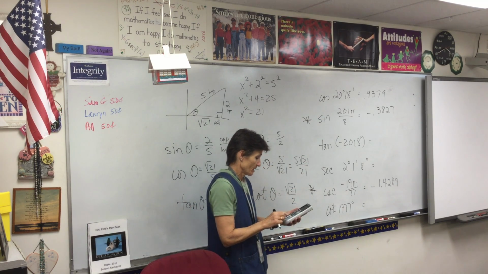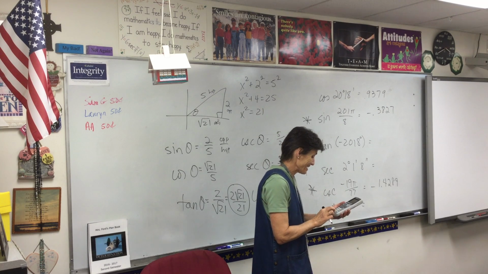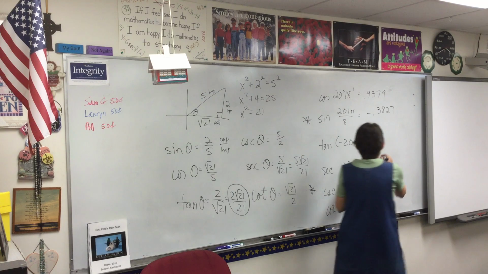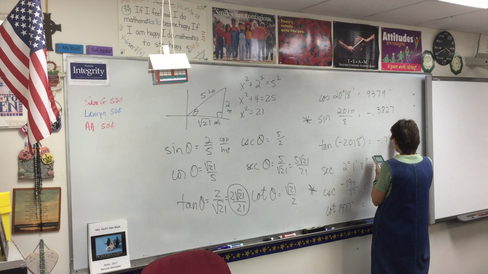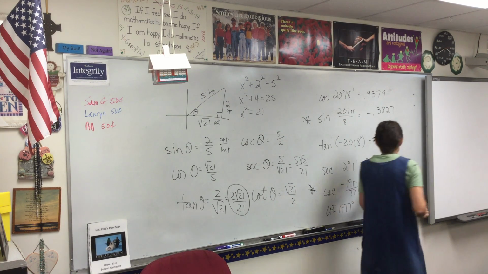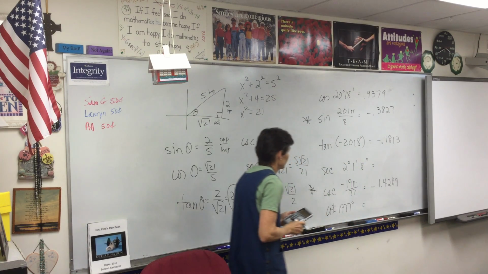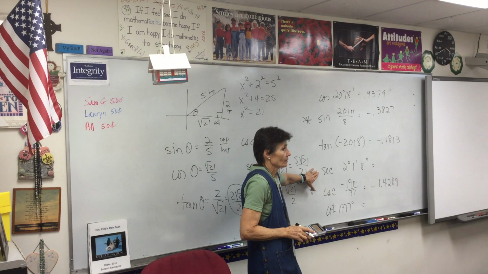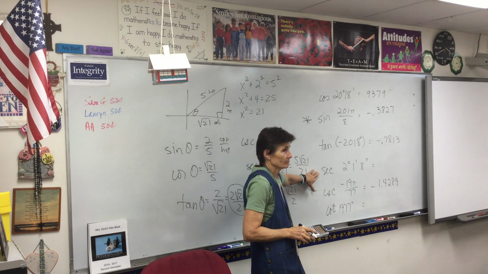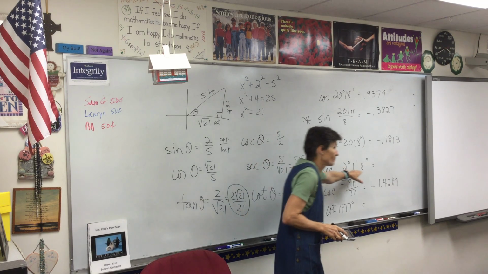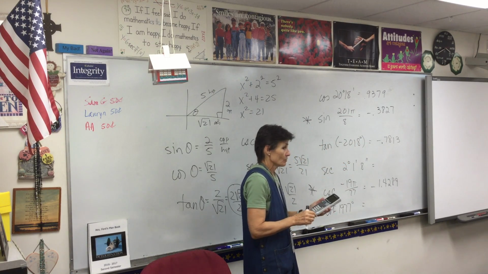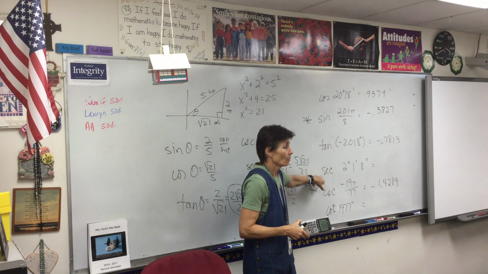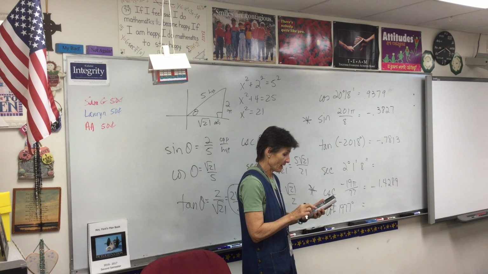Next one, easy, tangent, negative 2018, negative 0.7813. Remember how to get all that? First of all, secant. How do I even start, what do I even do to start with? 1 divided by. So 1 divided by what?